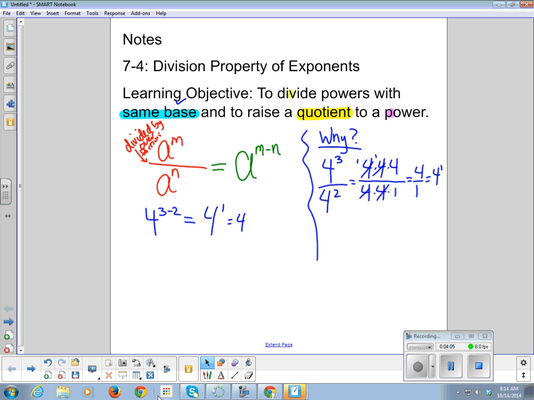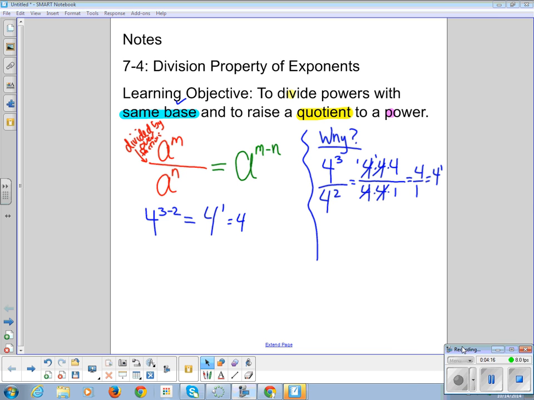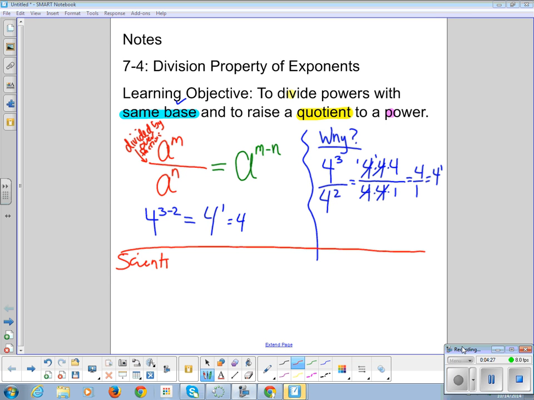All right, so let's bring this back to our science, technology, engineering, and mathematics. In science, we use, crazy enough, a little thing called scientific notation. So I want to show you how this works with scientific notation.